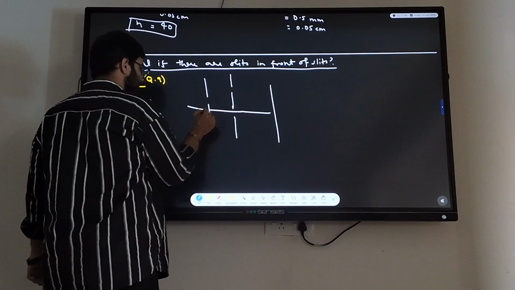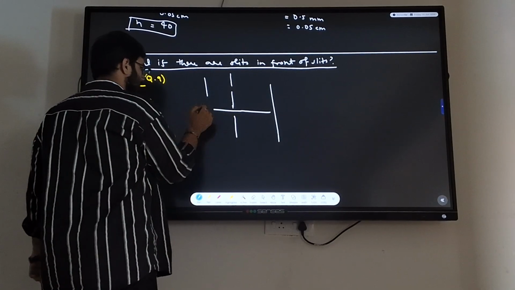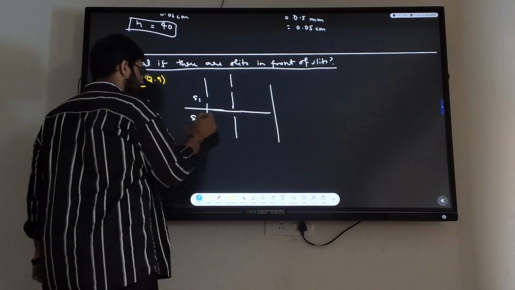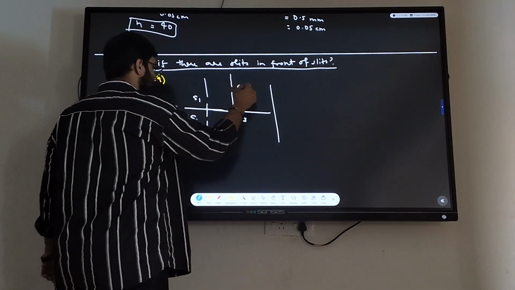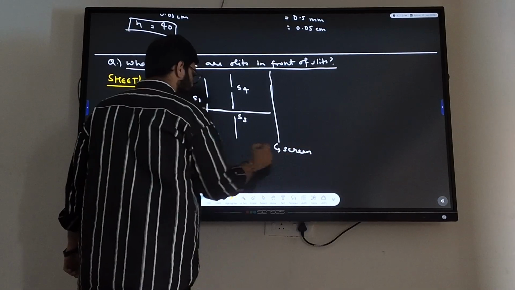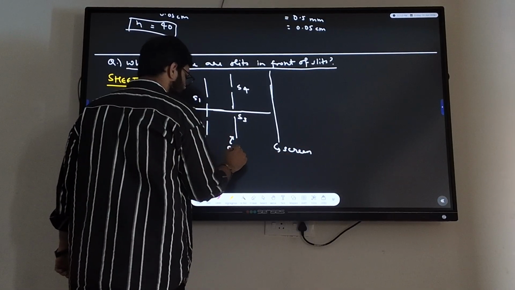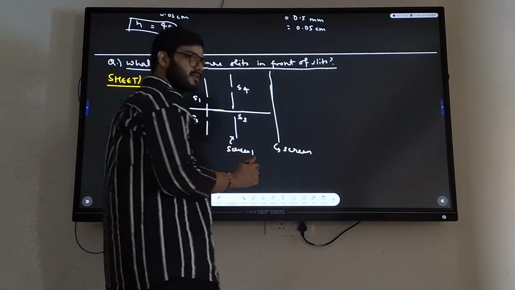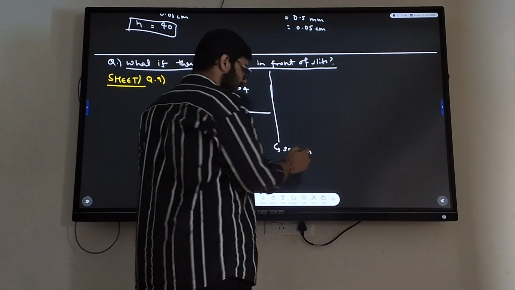I have these slits, and let me call them S1, S2, S3, S4 and then the final screen. This will be my screen 1, where there are holes that act like a slit, and this is screen 2.